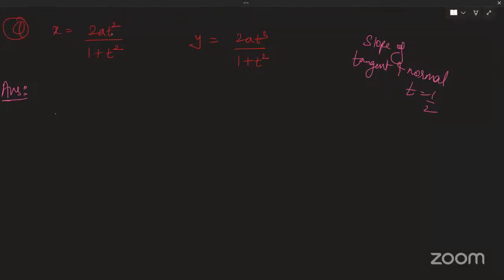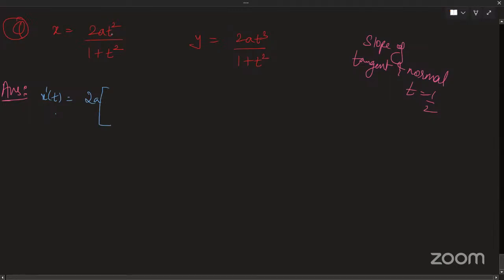So how should we do it? Obviously, we will need to calculate the value of x dash t and value of y dash t. How will we calculate the value of x dash t? So using division rule. So 2a into, first you will differentiate your top into bottom as it is, minus differentiation of bottom into top as it is, divide by bottom squared.